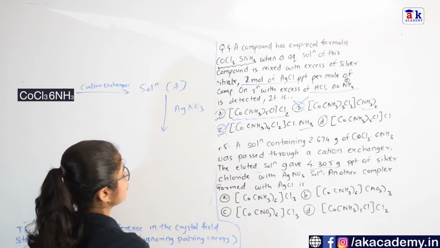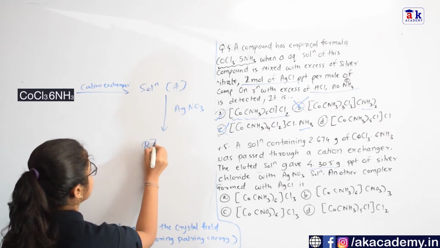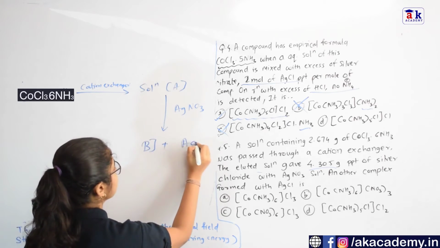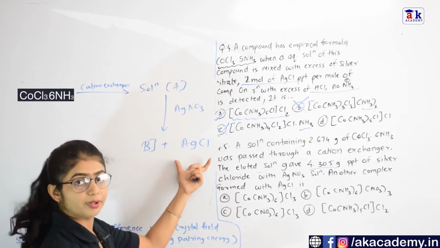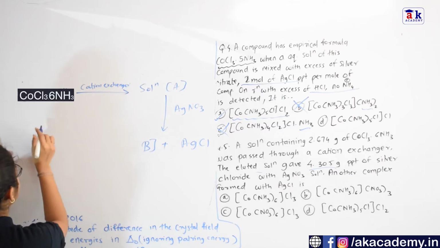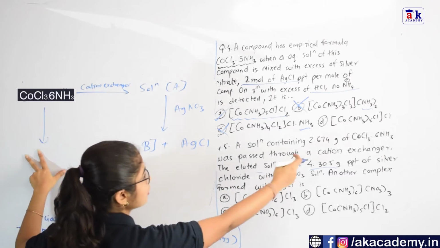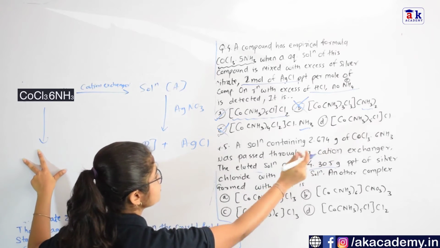When it is treated with AgNO3 solution, it gives solution B, and along with that it gives a precipitate of AgCl.